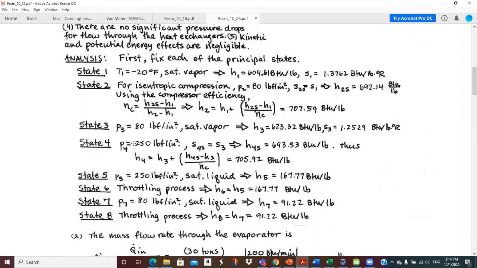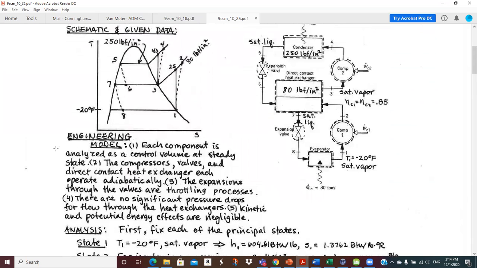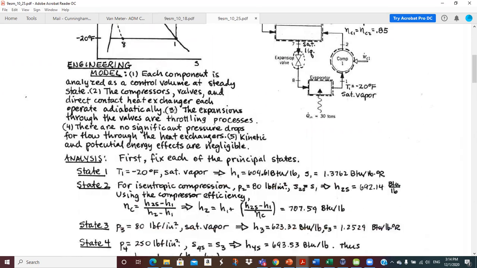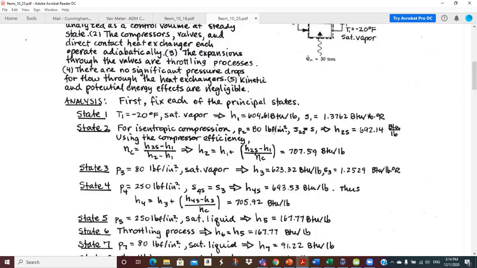Okay, and then from 1 to 2, that's an isentropic compression, so we're going straight up. So here we know our pressure and the entropy at 2s is the same as the entropy at 1. So we have to go and do some interpolation to find 2s in the superheat tables. So you should verify that you can do that.